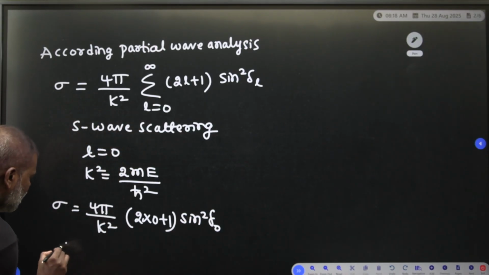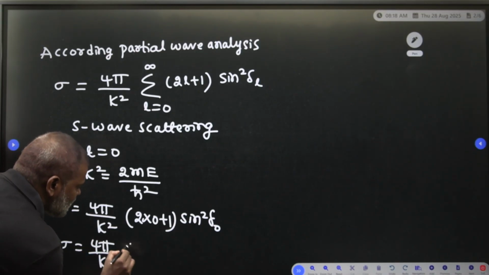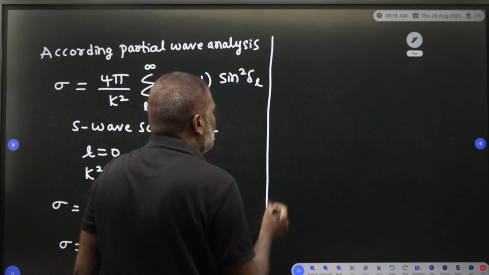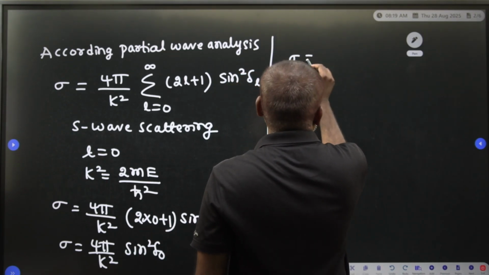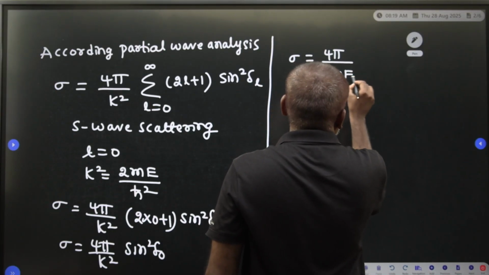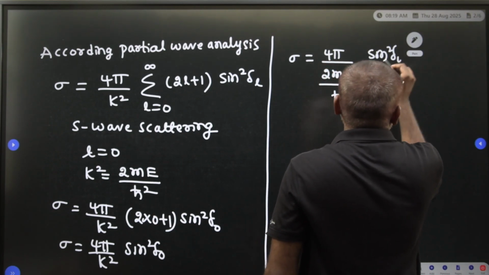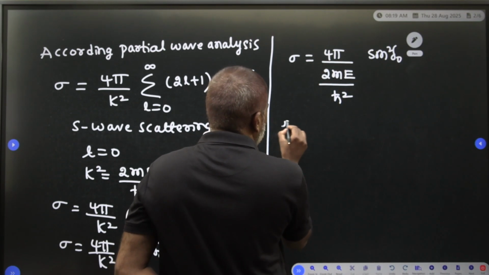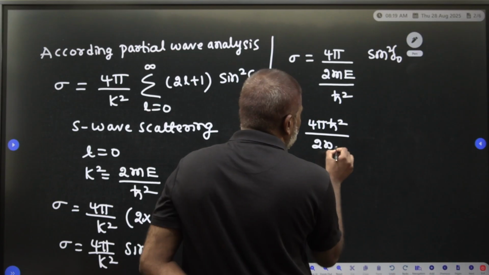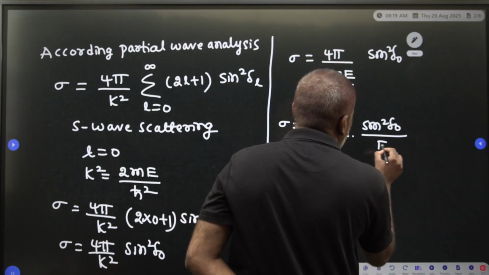So sigma is equal to 4 pi by k square into sin square delta 0. Now substitute k square equal to 2mE by h cut square. Therefore sigma is equal to 4 pi h cut square divided by 2m into sin square delta 0 divided by E.